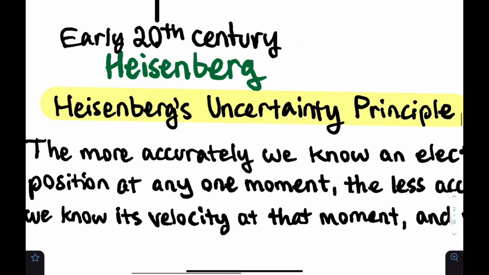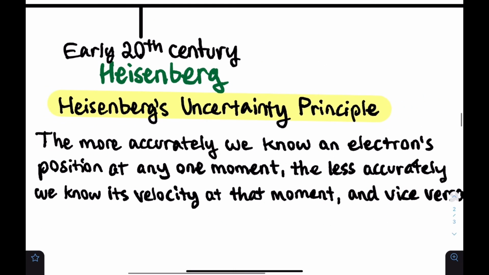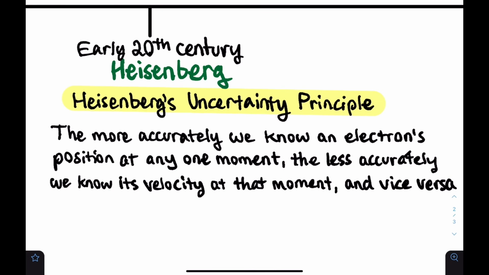So Heisenberg took that farther. He tried to find out where electrons were and how fast they were going, and he figured out that we can figure out the position of an electron. We can send something in to hit it, and then we know where it was. We can figure out the velocity of an electron. We can send something in to measure that.